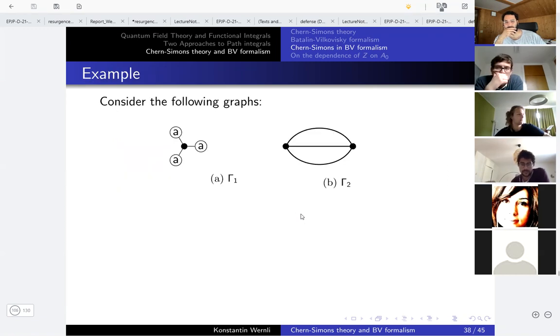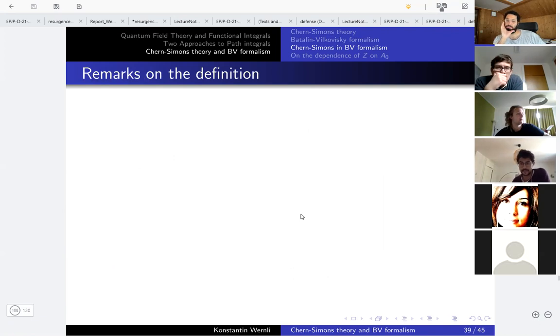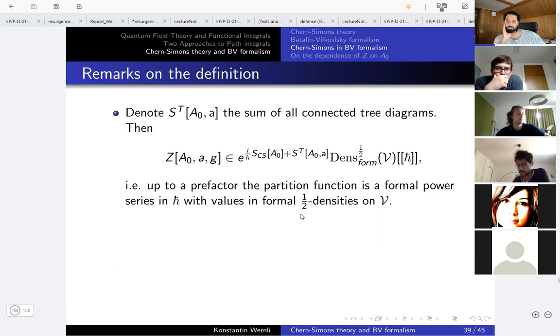Okay, so here's an example. I won't say more about that because I'm running out of time. So here's a remark. If you take all the tree diagrams and extract them from the perturbative series, then there is a problem because here we have a 1 over h bar in the exponential.